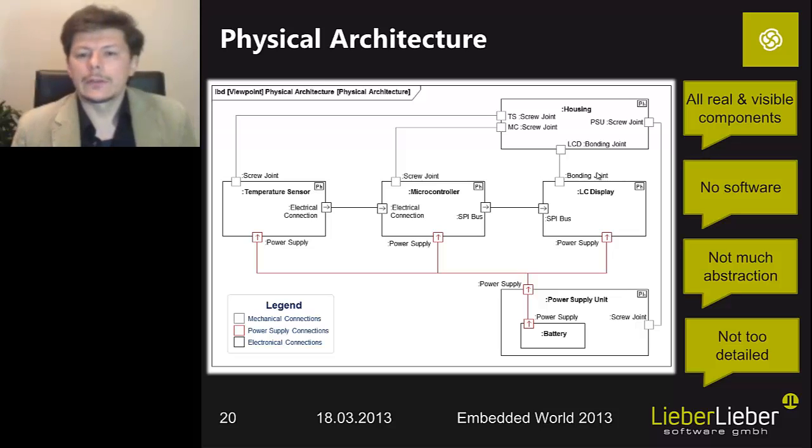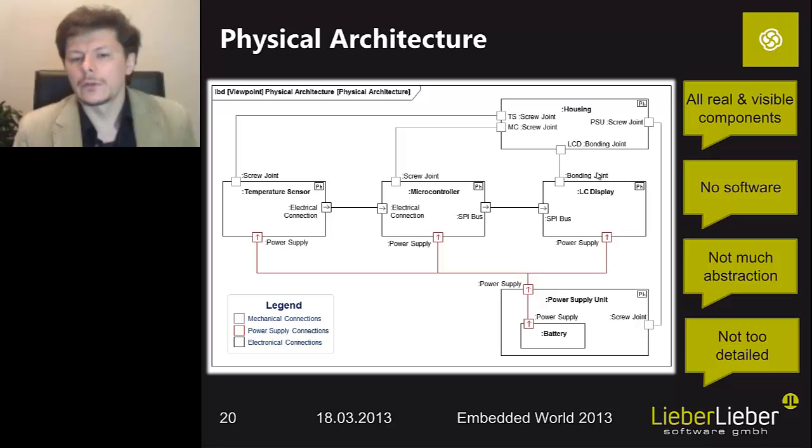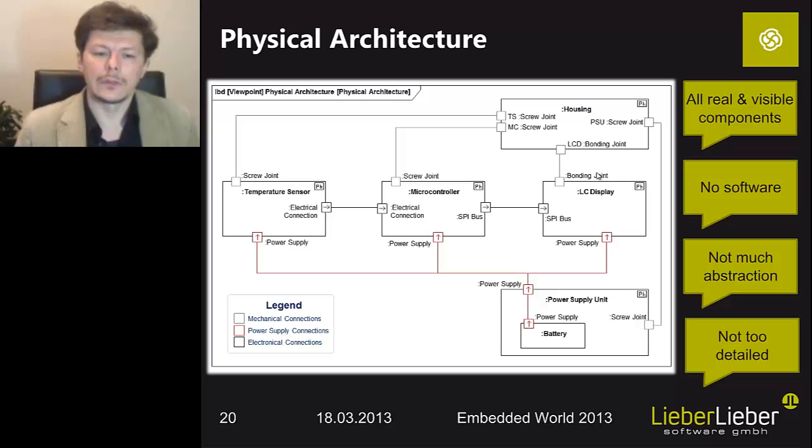And at the end, you should define the physical architecture of your system. Probably it's the most simple part because it's about real and visible components. There is no software, not that much abstraction. You need to be detailed, very detailed.